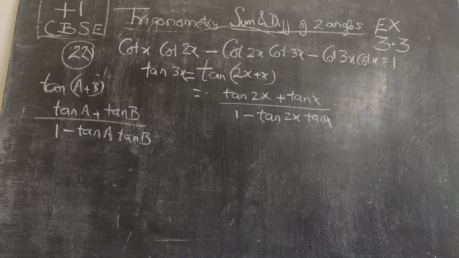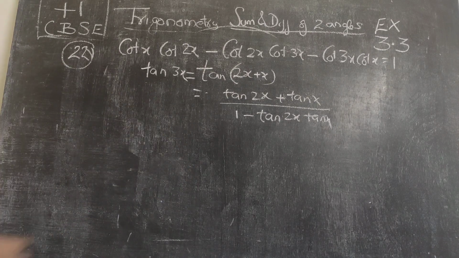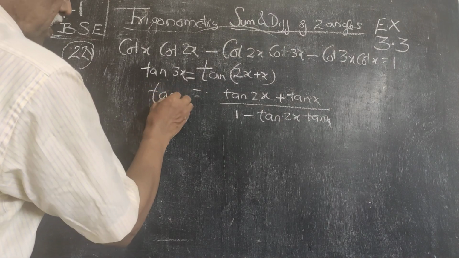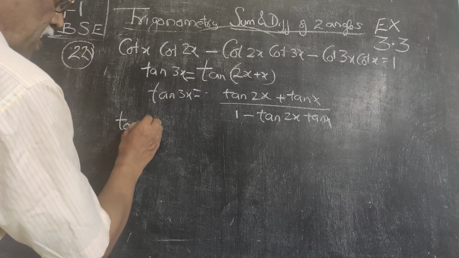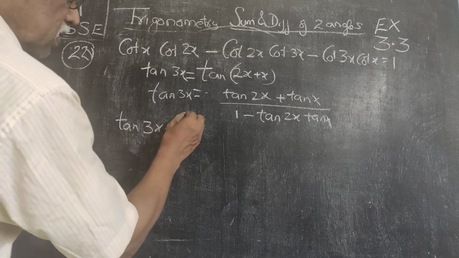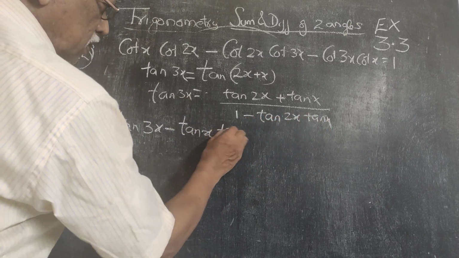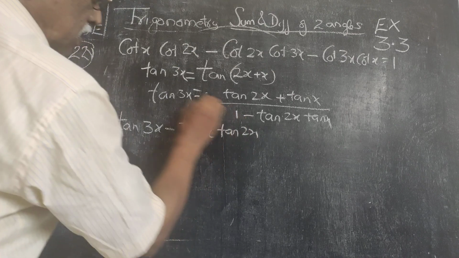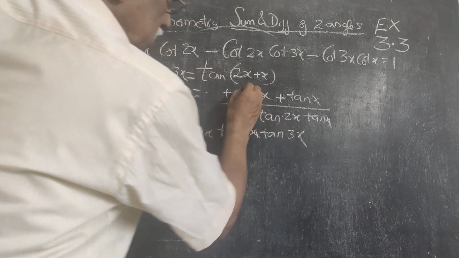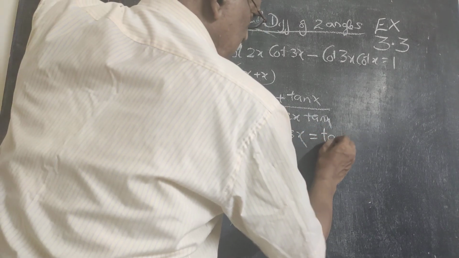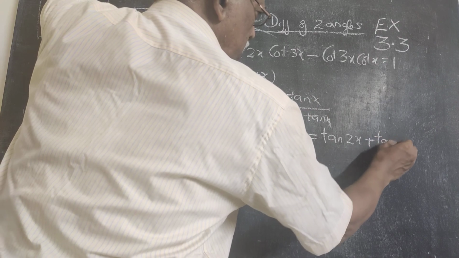As a result of that, I am cross multiplying it. I am getting tan 3x. So multiplying here, what I get, tan 3x minus tan x, tan 2x, tan 3x, that is equal to tan 2x plus tan x.